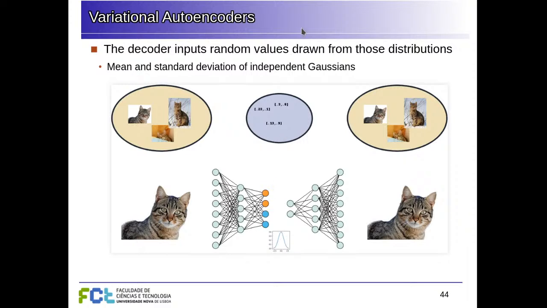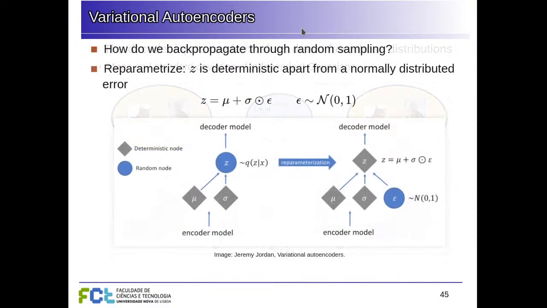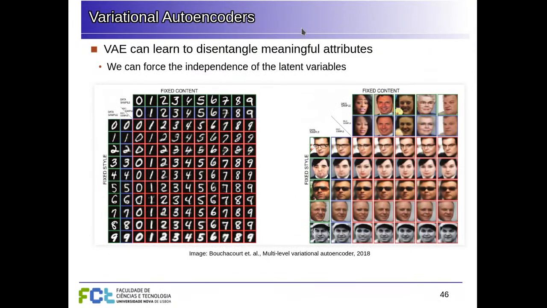And this way we can learn the parameters of these Gaussian distributions for different types of examples. And one very interesting thing with variational autoencoders is, since we are trying to force these to be independent Gaussian distributions, the variational autoencoder will tend to disentangle different aspects of the data that are actually meaningful.